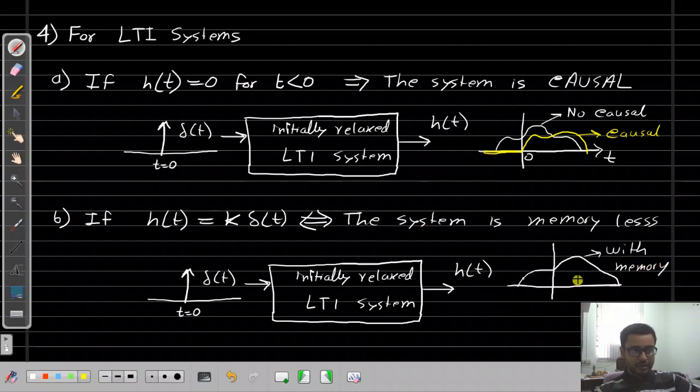However, if the output is also impulsive, that means output exists only at the time when the input is given, then this is without memory.